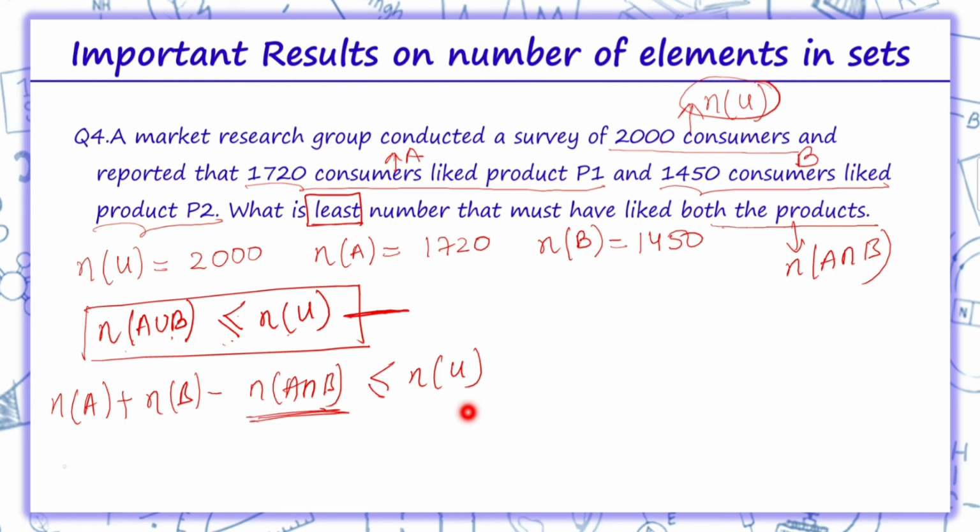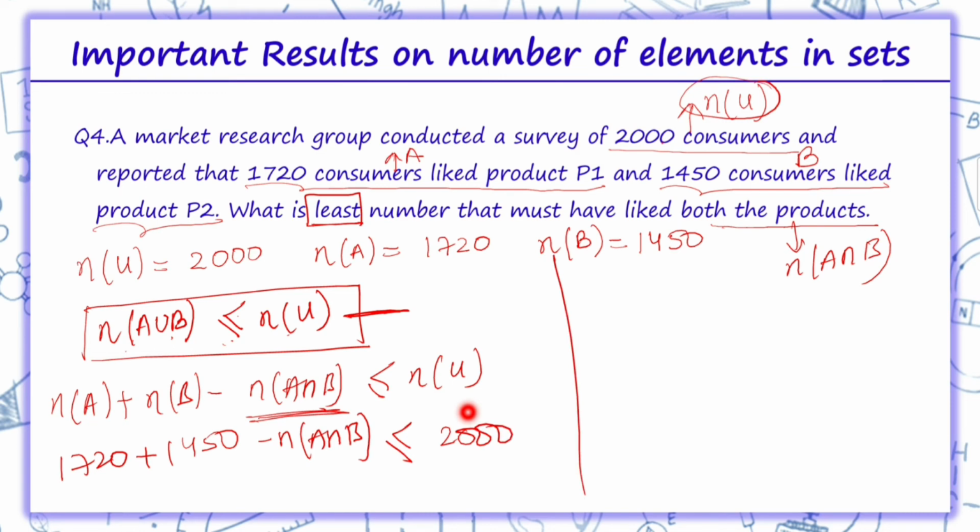Now substituting the values, we will get 1720 plus 1450 minus n(A intersection B) is less than or equal to 2000. When we solve it, because it is a minus sign, everything will shift to that side. So we will get 2000 minus 3170.